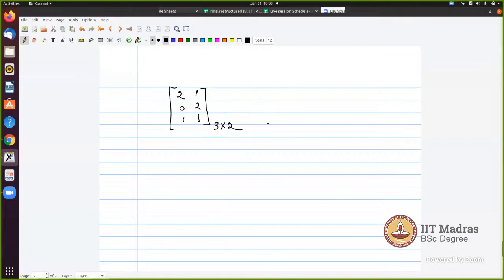What I have to do is the row operation. Let me take this as first: R1 and R3, I am interchanging these. Then R3 minus 2R1.